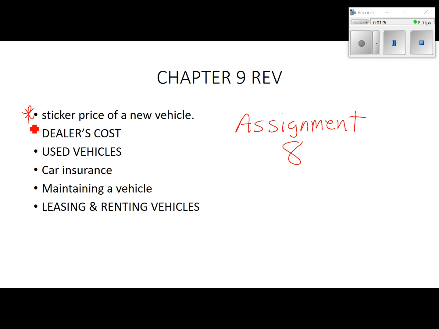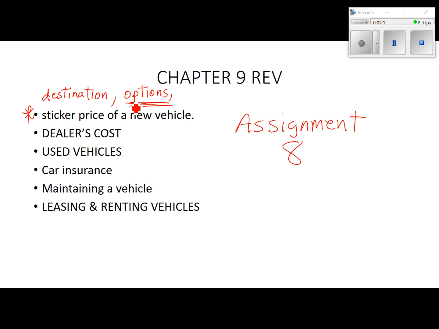The Chapter 9 review, this is what it covered. Sticker price of new vehicles, know how to deal with the sticker price of new vehicles, know the things that go into it, stuff like the destination charge, all your add-ons, all the stuff that you put on or into the car, which is your options, stuff like a CD player, power windows, power seats, whatever, all those options, dealer cost, and so on and so on.